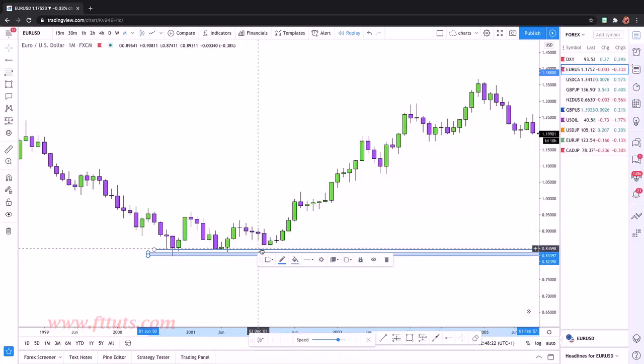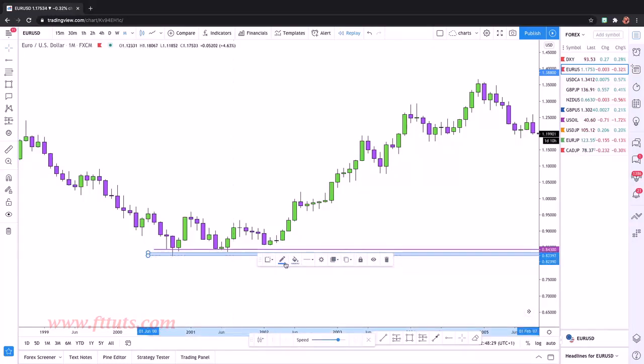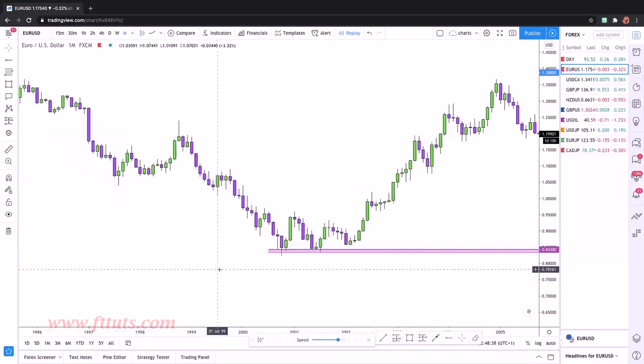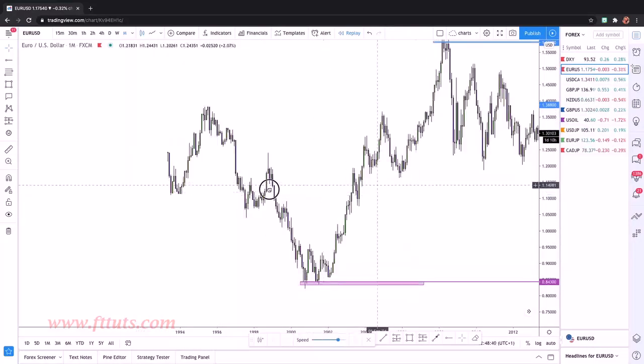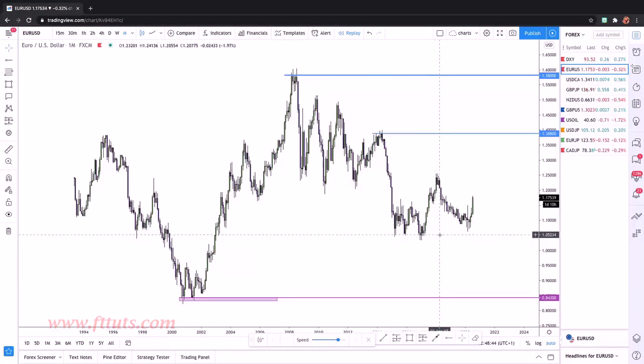So again, for support, I like to change the color. And then here as well.